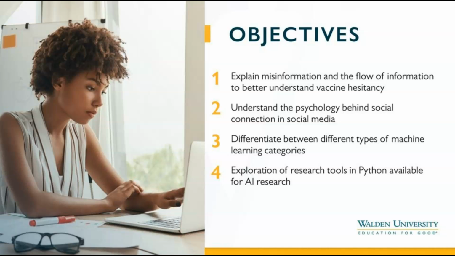Number two, we want to understand the psychology behind the social connection in social media. Three, we want to differentiate between the different types of machine learning categories. I think you're going to find this aspect of our presentation today to be truly outstanding, and my colleague is going to take that over shortly. And then the last is we want to explore the research tools in Python that are available for AI research.